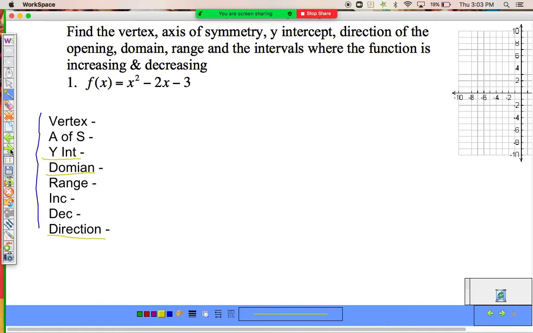F of x equals x squared minus 2x minus 3. Find me the y-intercept. Find me the domain. Tell me the direction that the graph opens. Tell me if it goes up or if it goes down. And use the same ideas that we did on the first two.